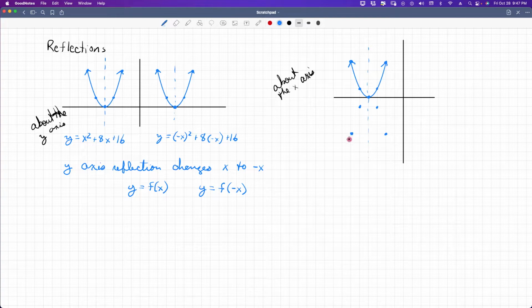Okay, so let me draw that in. And that did not do what I wanted it to do. All right, let me adjust it, make it fit. Hopefully you can see where I'm going with this.